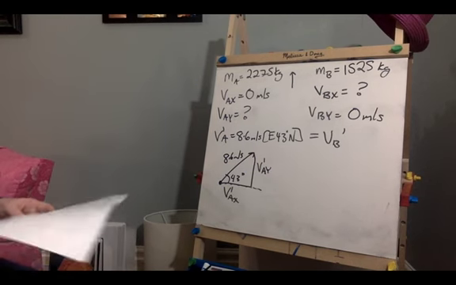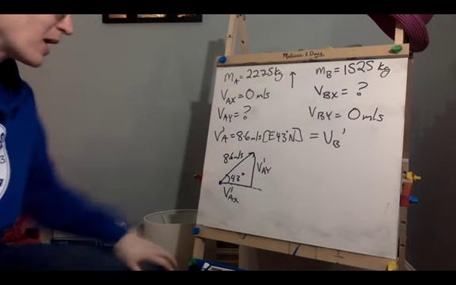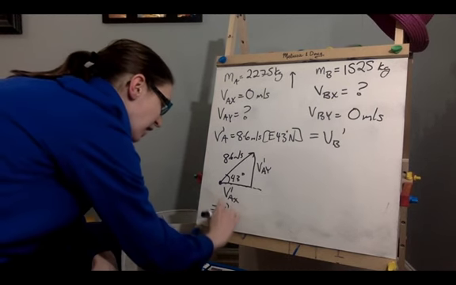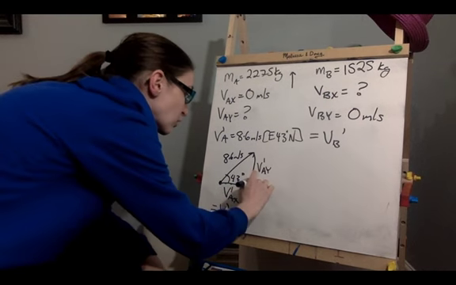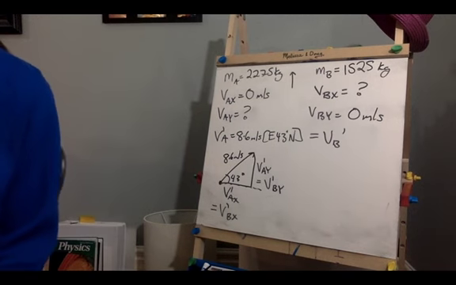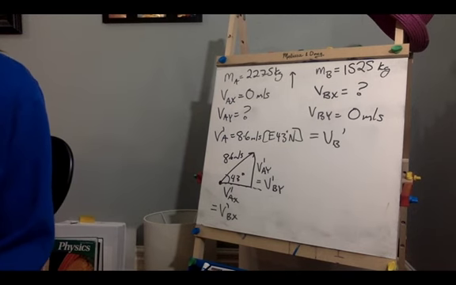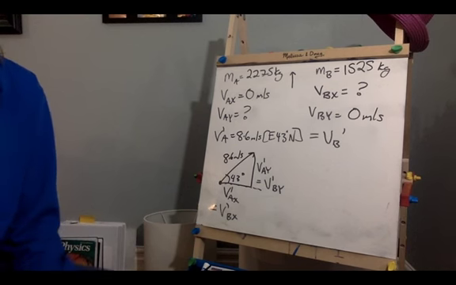And again, because the cars have collided and they're stuck together at this point, V prime AX is the same as V prime BX, and V prime AY is the same as V prime BY. Okay, so that needs to be clear, because they're locked together at that point.